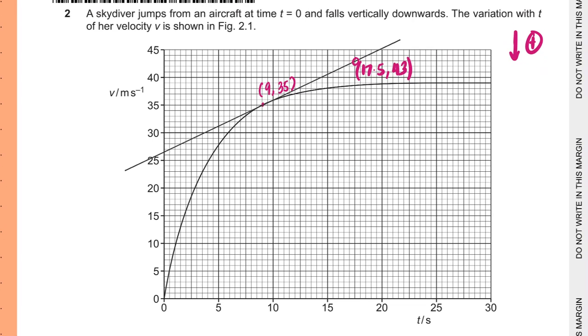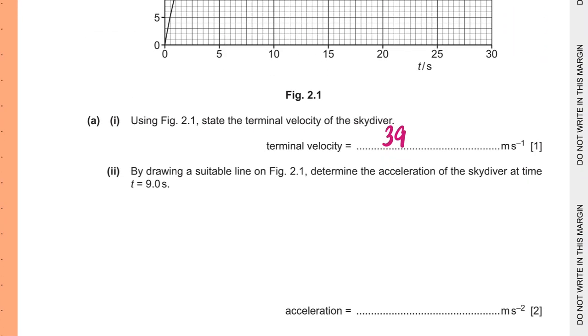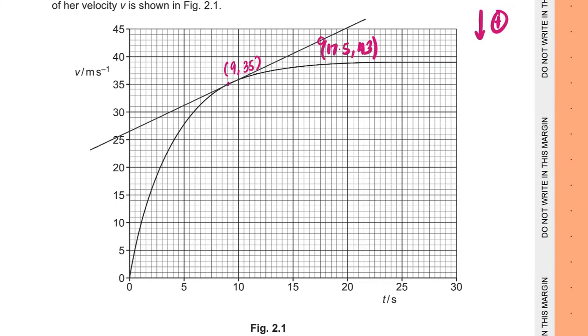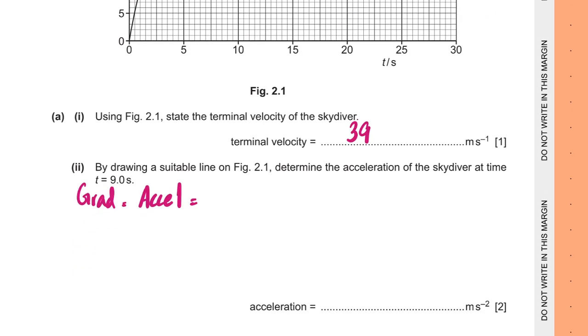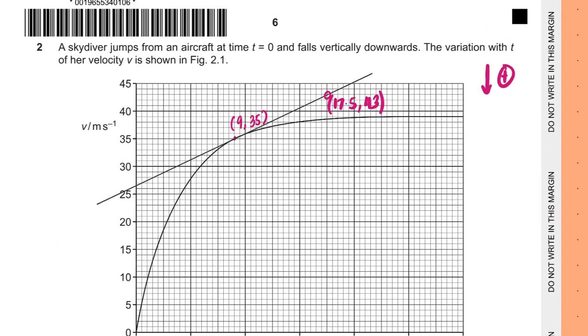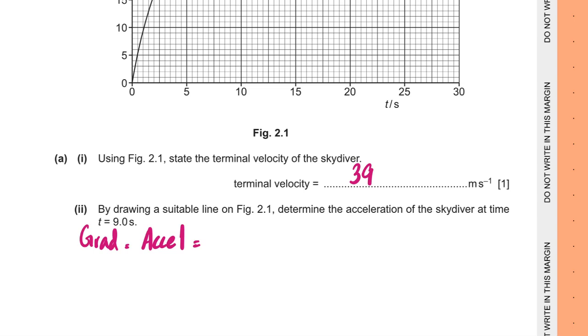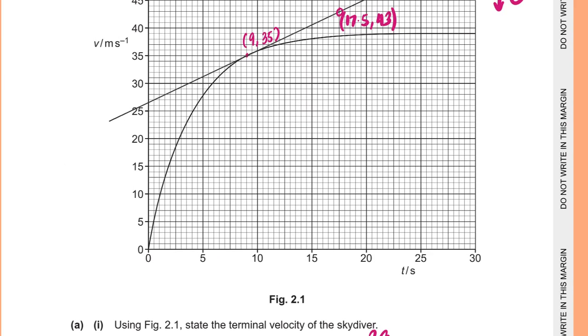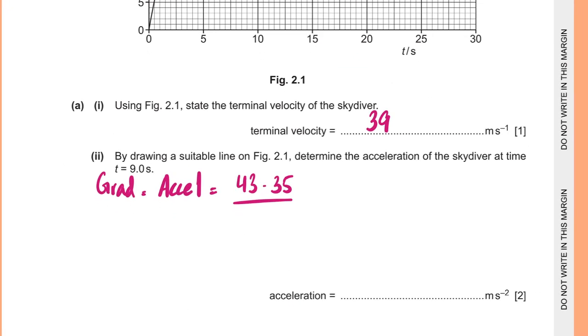So let's try to do that now. First of all, I'll just explain my reasoning that the gradient is the acceleration at this time, and then for my points, 43 minus 35, y2 minus y1, over 17.5 minus 9.